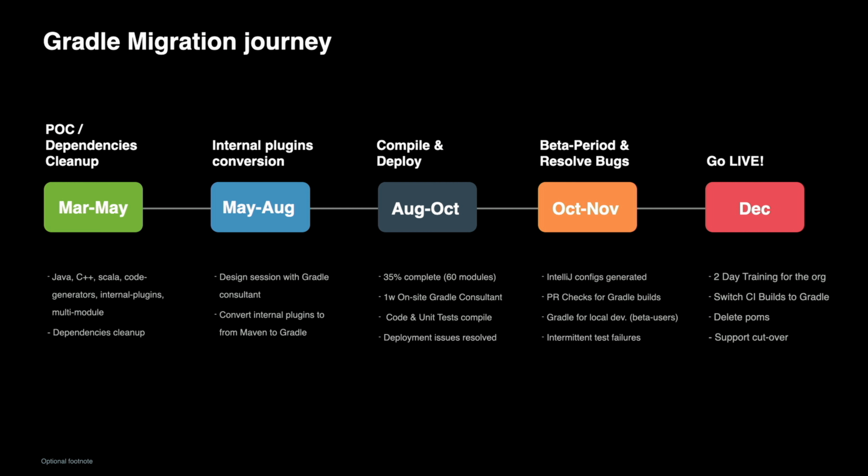We learned a lot during that process. We ran into a few intermittent test failures as well, which I'll talk about later. Then in December we had a big training session for two days, switched our CI builds all to Gradle, deleted all the POM files, and went on a long vacation. But it didn't really end up that way.